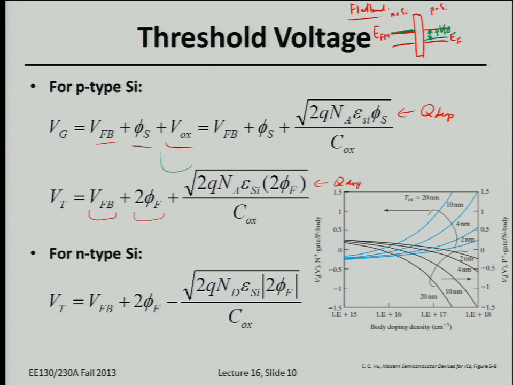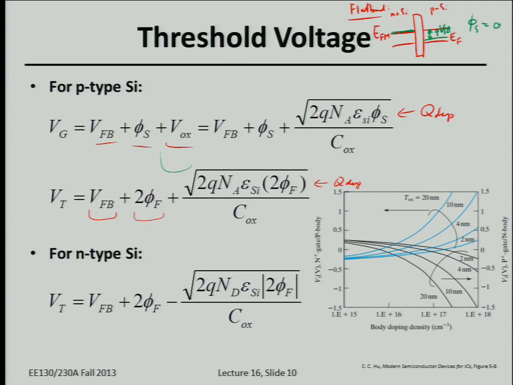Whatever voltage is applied is just enough to completely make the energy band diagram flat, specifically in the silicon. This is the definition of the flat band condition: you're applying a gate voltage, defined to be the flat band voltage, that causes no band bending in the silicon. This is where phi sub s really is precisely 0.